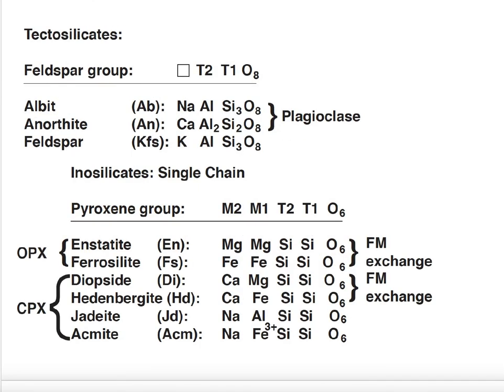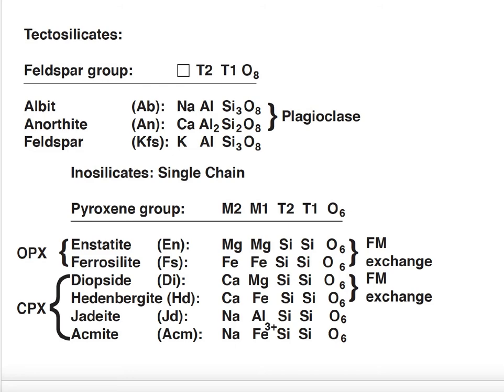So now we have just discussed some very important minerals from the nesosilicate groups. Then we are going now to another important group which is very dominant on the felsic side, that means on the continental crust.